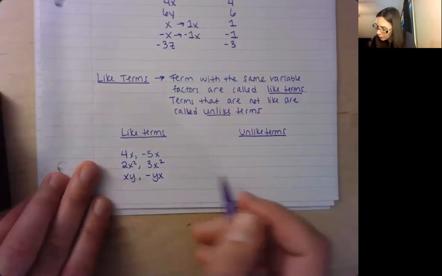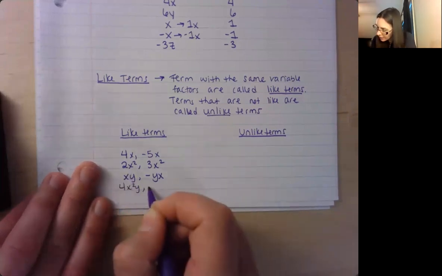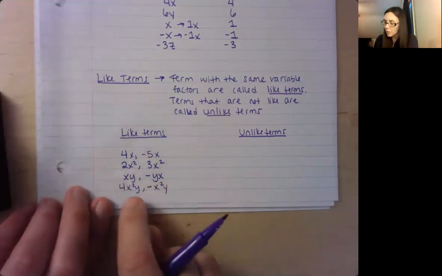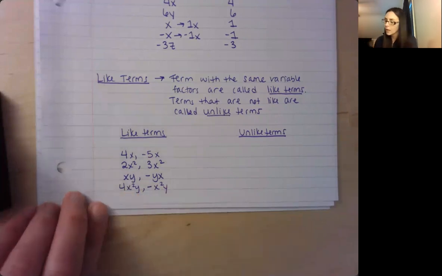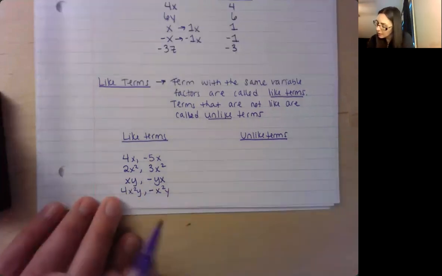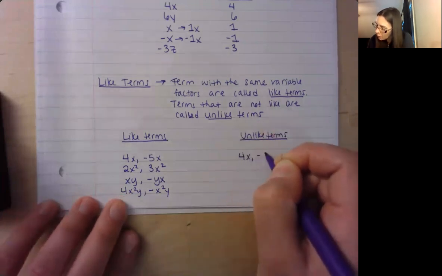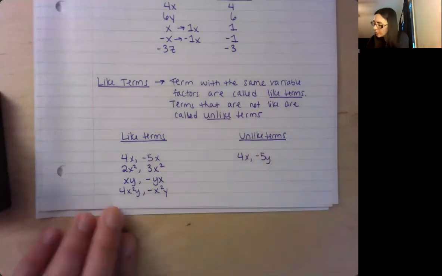And how about one more? What if we did 4x squared y and negative x squared y? Okay, so again, they both have the x squared, they both have the y. So they're exactly the same for the variables. Things that are unlike. One example could be 4x and negative 5y. All right, so these have totally different variables.